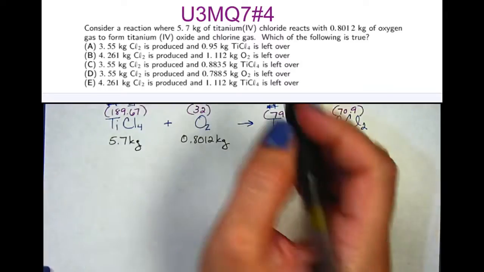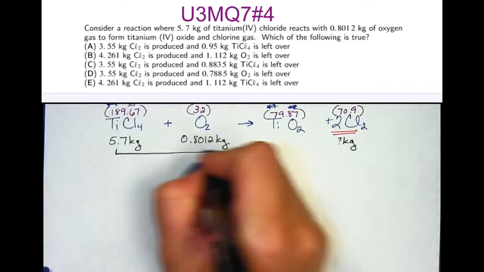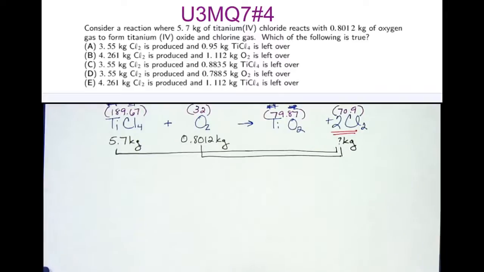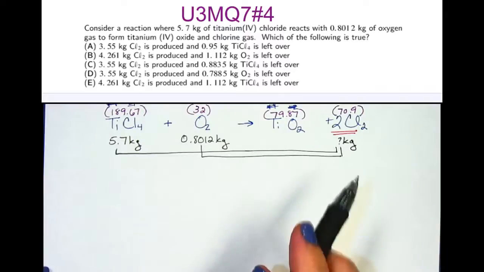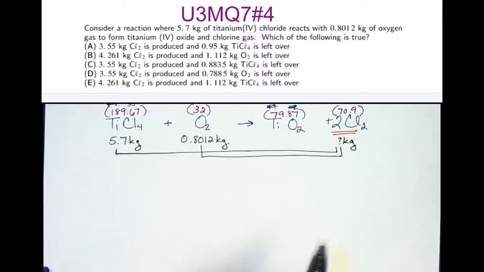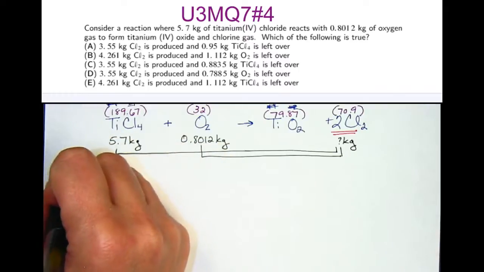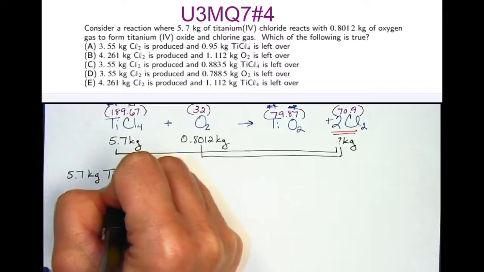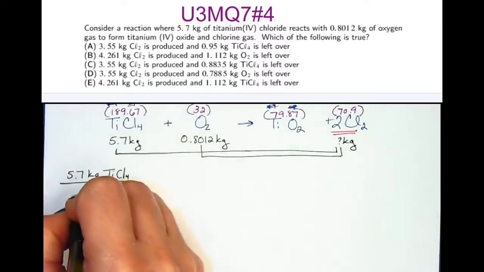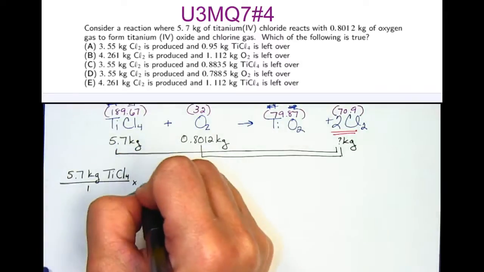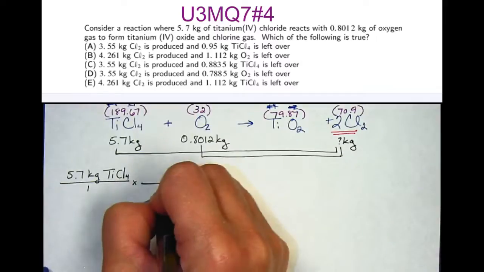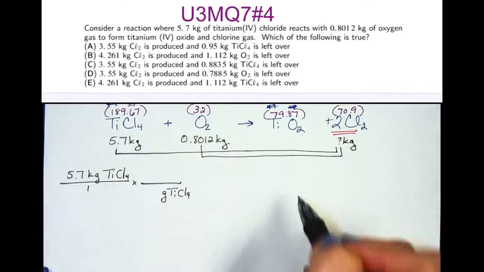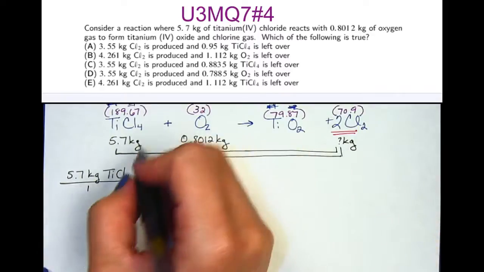So in order to calculate this, I'm going to stoich both of these to chlorine to figure out how much product I am going to make and what the limiter is. So we'll start with the titanium 4 chloride, 5.7 kilograms of titanium 4 chloride. We're going to leave the kilo alone and just bring down grams because my final answer is supposed to be in kilograms anyway, so we'll just leave it as it is.